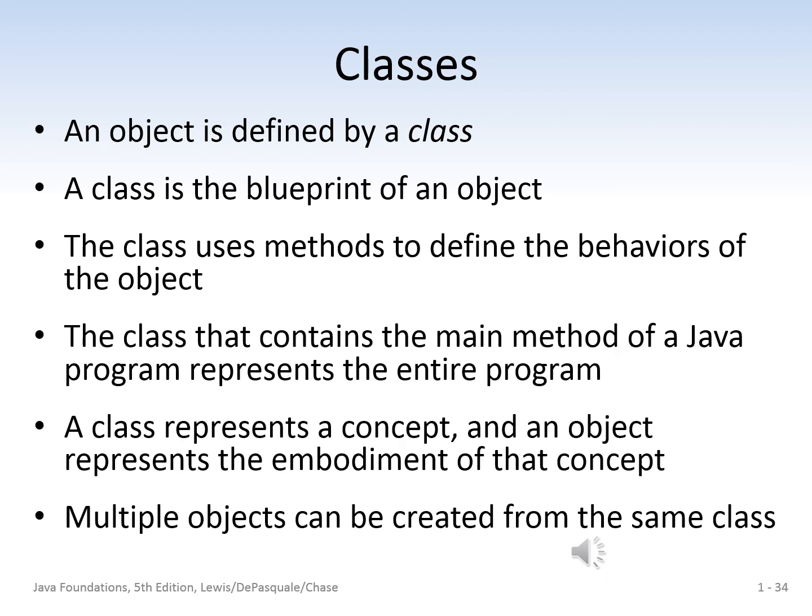So a class that contains the main method of a Java program represents the entire program. A class represents a concept, and an object represents the embodiment of that concept. It should be noted that the same class can be used to create multiple objects. Remember, the class is the blueprint and the object is the embodiment of the class.